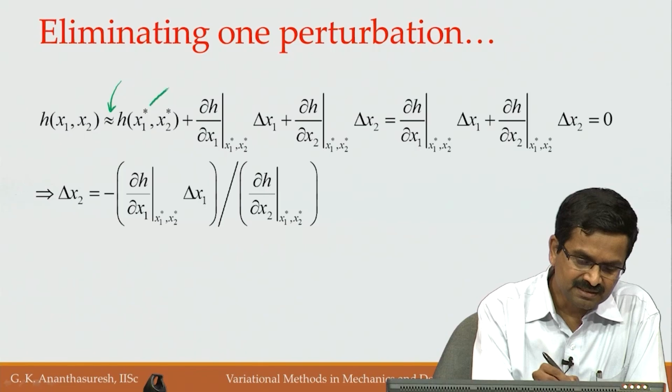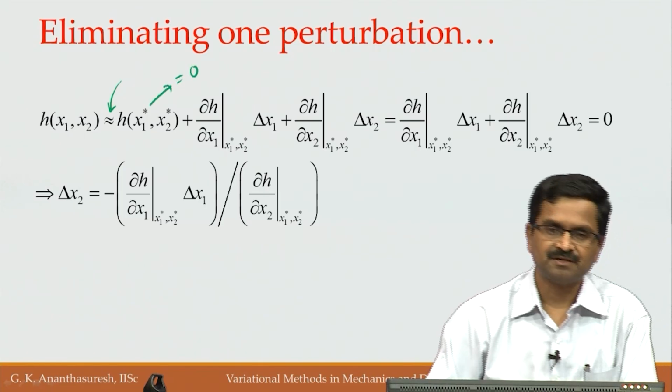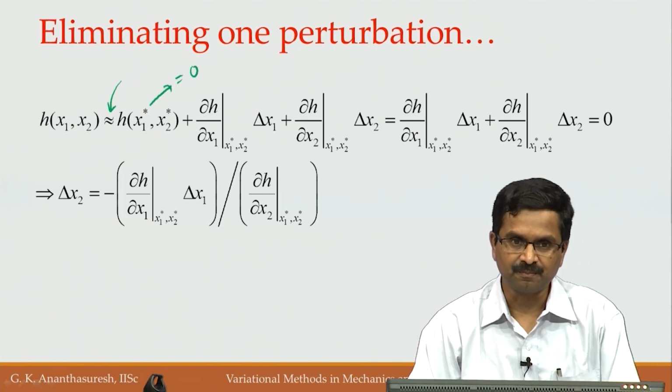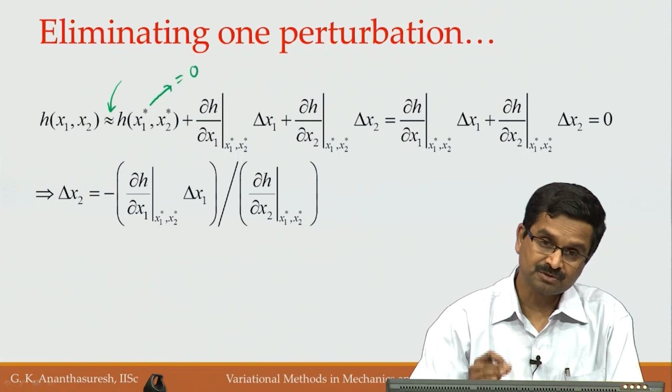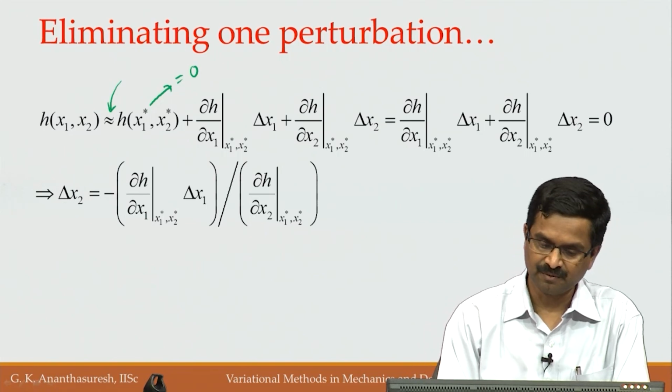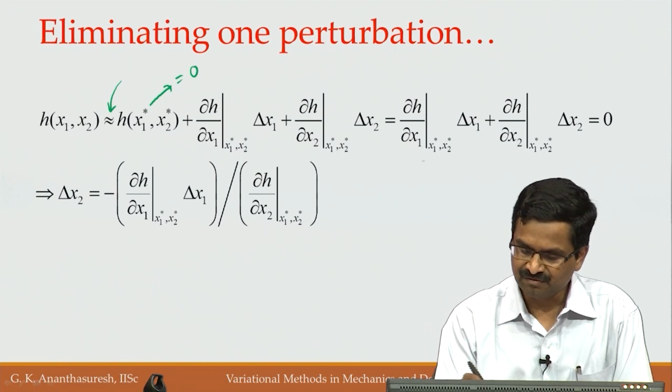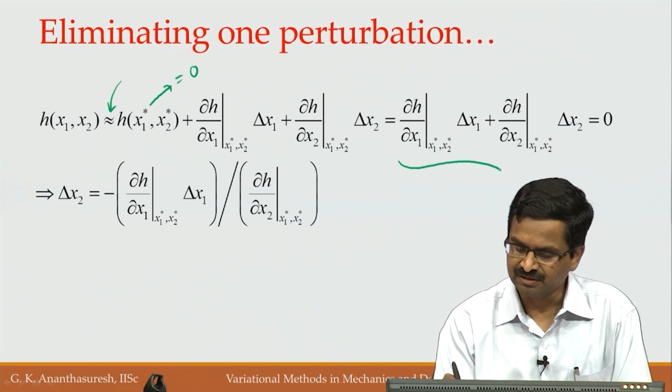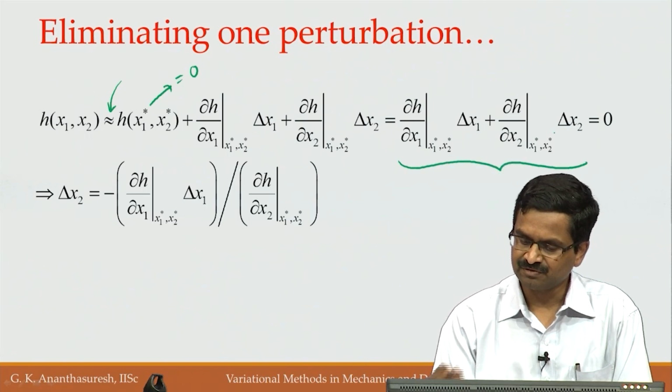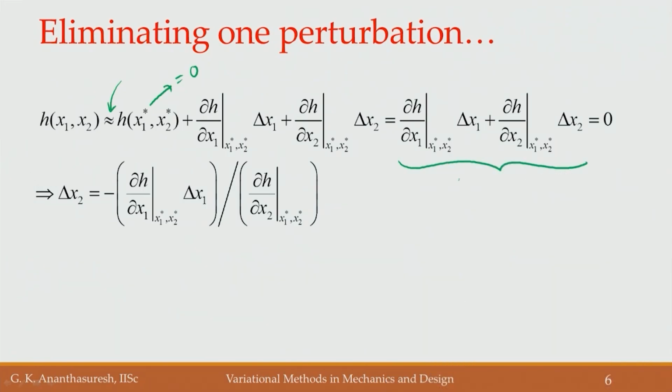Now this term is 0 anyway, because if x1 star, x2 star is an optimum, it must also satisfy the equality constraint. So, what we are left with are these two terms; the sum of these two terms should be equal to 0. These are the first order terms in the two variable case, that should sum to 0.